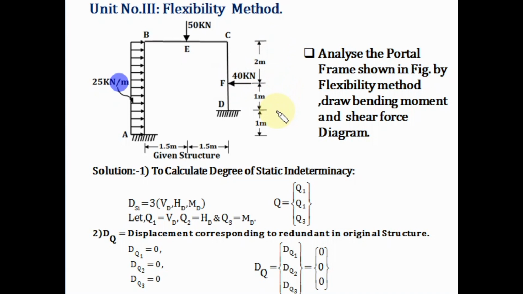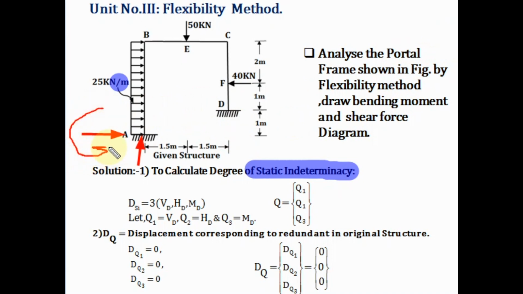As usual, our first step is to find the degree of static indeterminacy. For that we have to see the supports. At support A there will be 3 reactions: vertical reaction at A, horizontal reaction at A, and the third will be the moment.